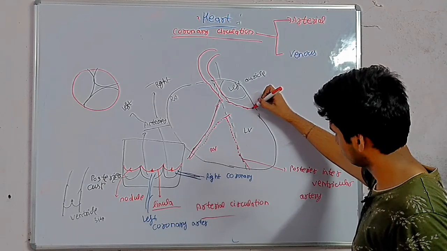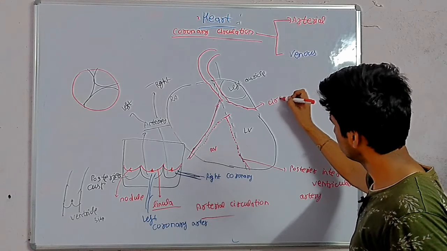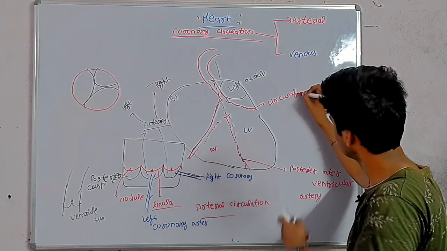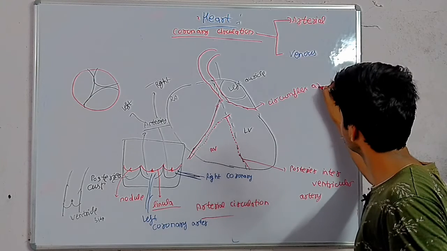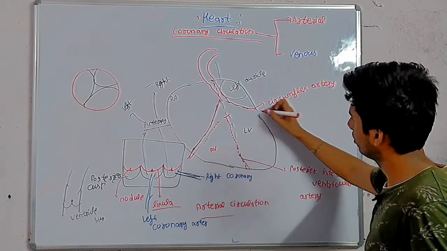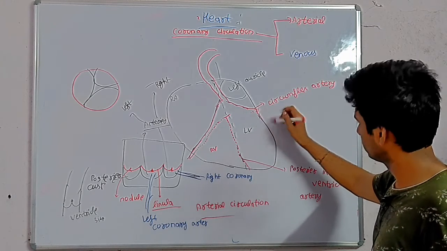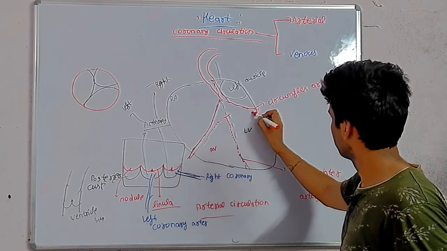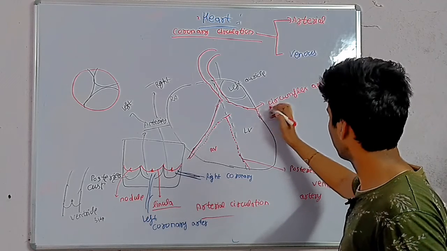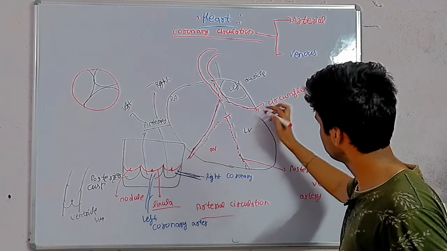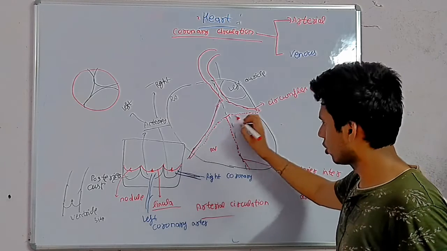One is the circumflex artery, which goes here and posteriorly, and joins and forms a complete circle.